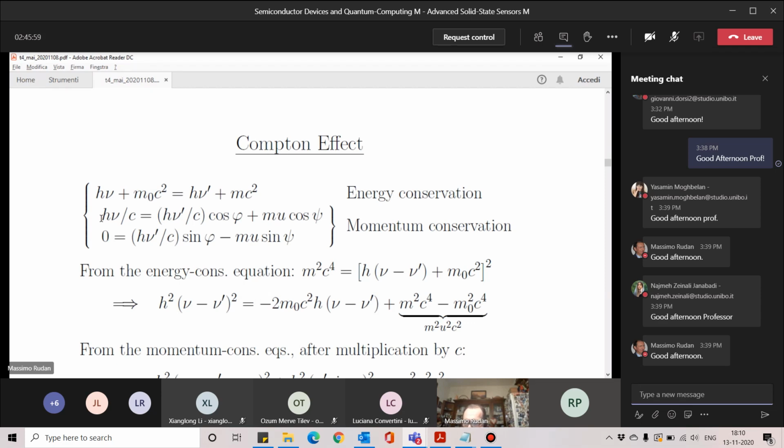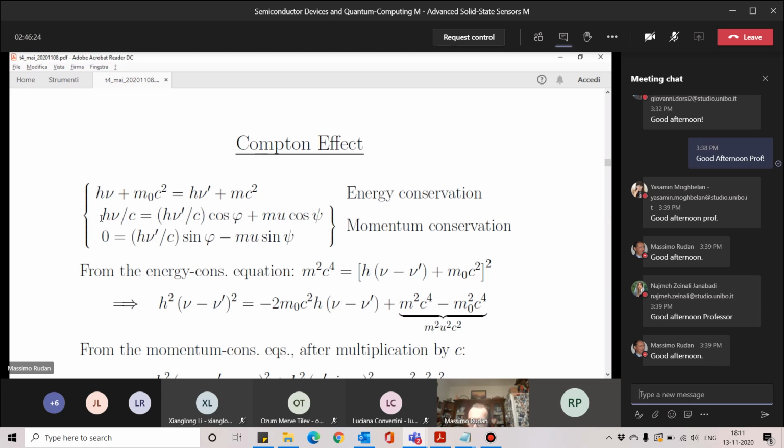So the electron destroys the photon because it absorbs 100% of its energy. In this case, we must assume that the electron, which before the interaction is not moving, after the interaction will be moving.